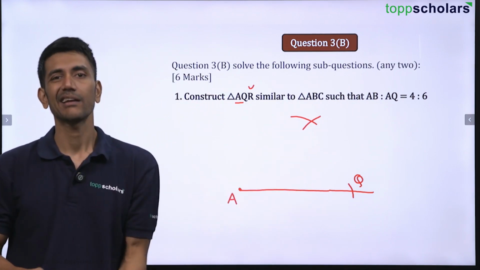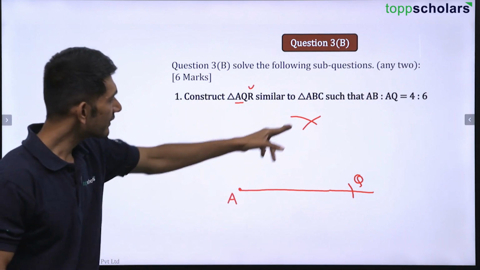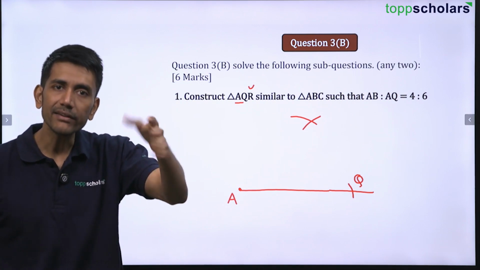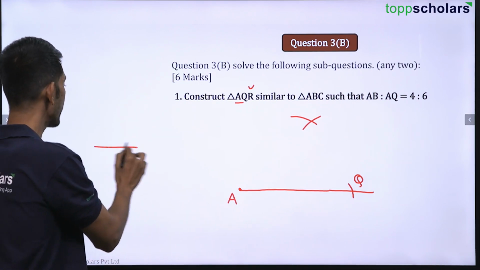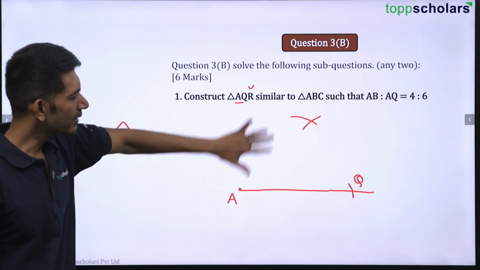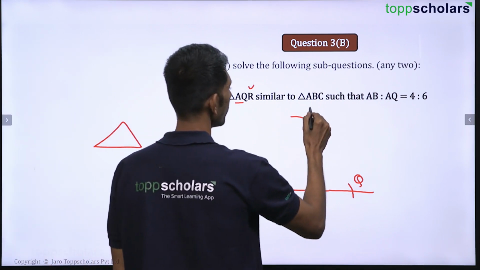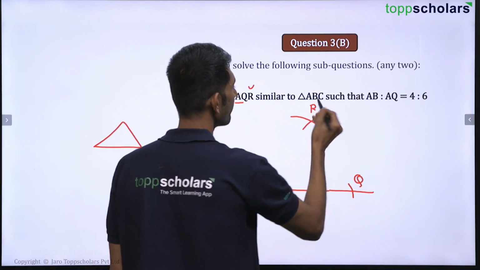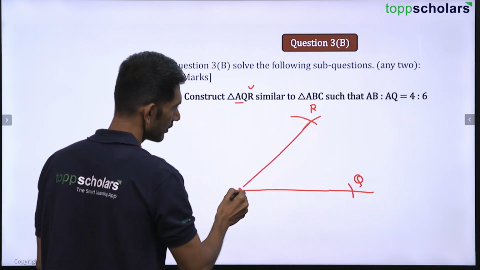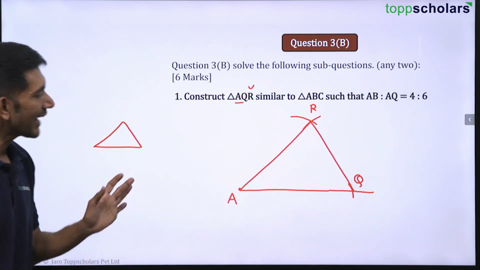Basically we need a triangle, right? So I need the third point R. And nothing is given, like AR is not given, QR is not given. So you can take point R anywhere. Even if you want to draw a random triangle, you can draw like this also. Doesn't matter. That is also fine, but a systematic way of drawing it, correct? So this point is point R. Now what you'll do, you'll join AR, you'll join AQ. Now this completes your triangle AQR.